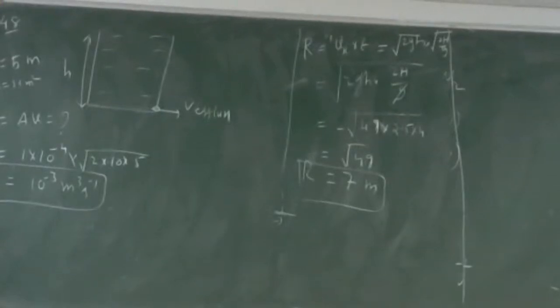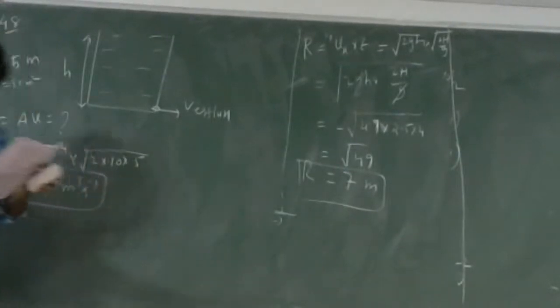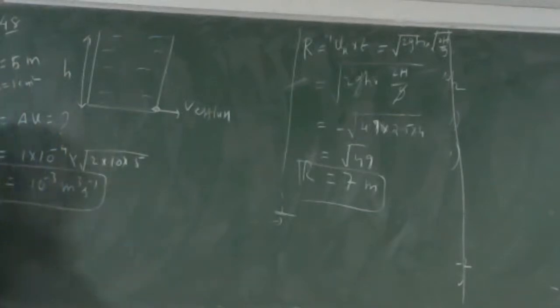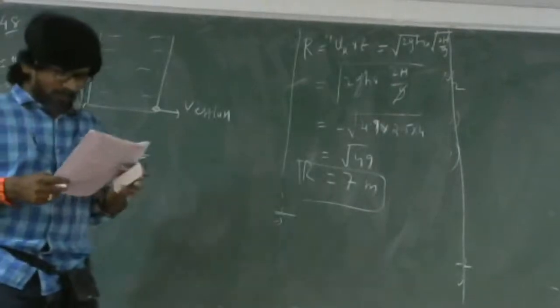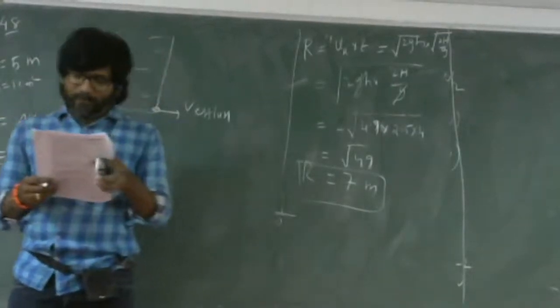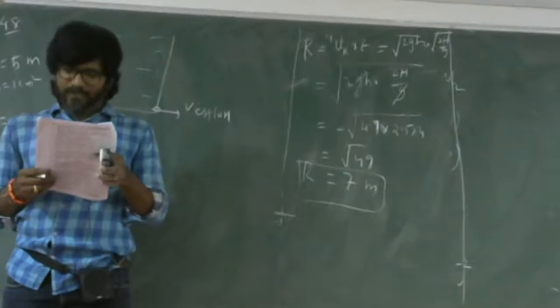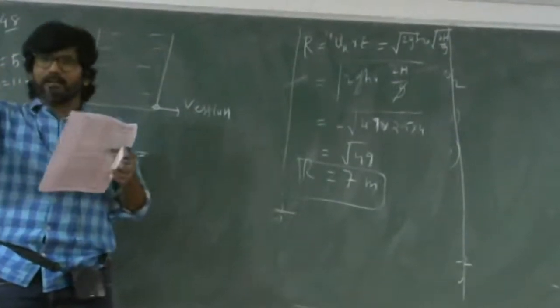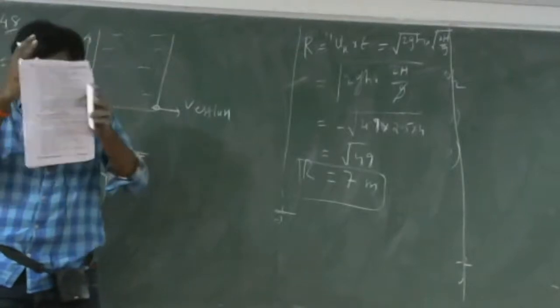Simple. Next, question number 47. What is given here is a mercury drop of radius 1 centimeter, which is sprayed into 10 power 6 drops of equal size.